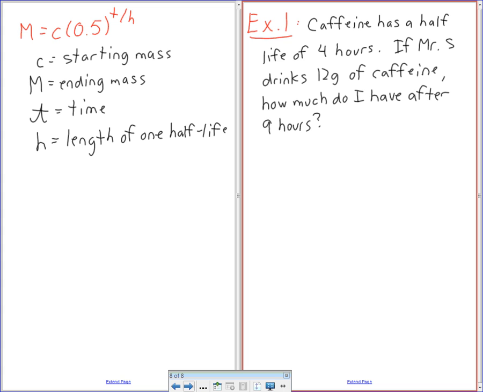All right, so I'm going to start off by making a chart to make sure we understand what's going to happen here. This is an optional chart, but I will do it for every example. I'm going to make the time and the mass chart. At time 0, how much caffeine does Mr. Sadler have in his system?